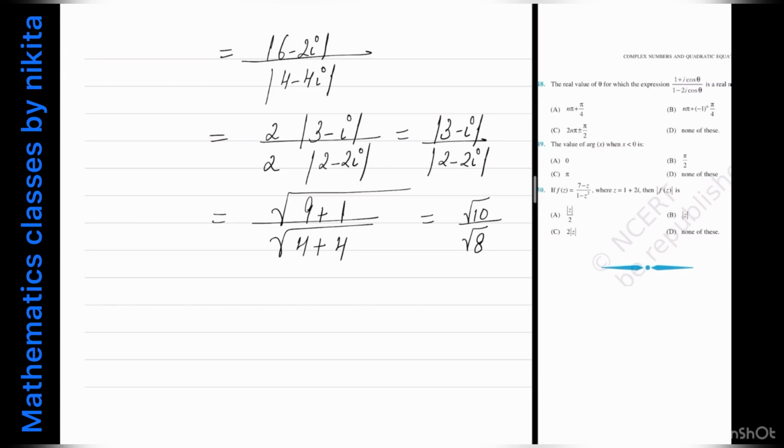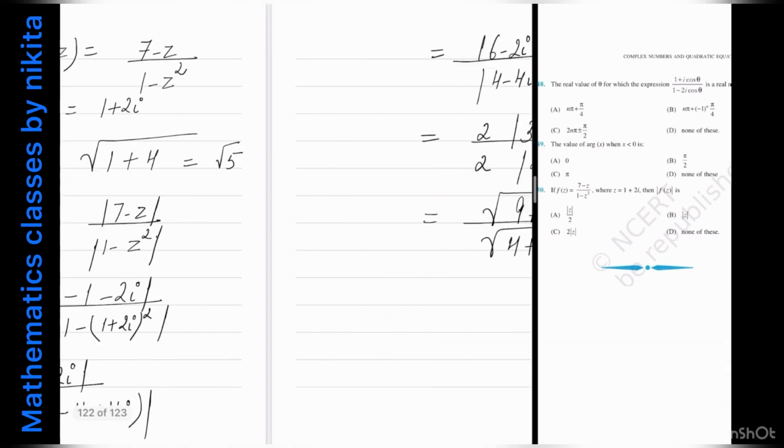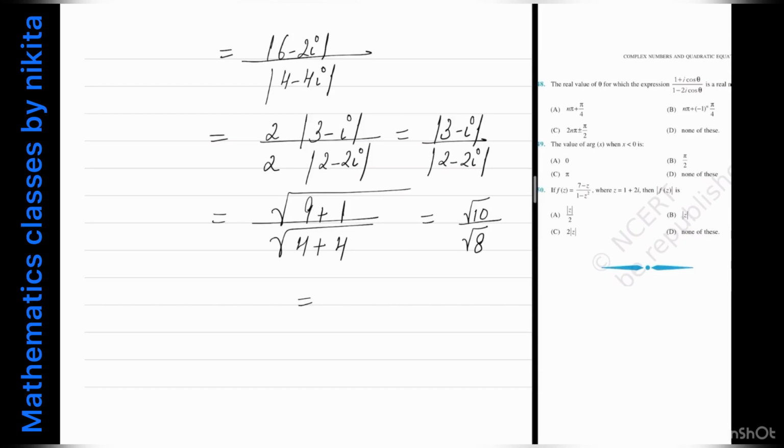ठीक है. Now अब आपको कुछ दिख रहा होगा that mod of z was root 5. Now this thing can be written as, this is root 2 into root 5 divided by, now 8, root 8 can be written as 2 into root 2, okay, which is equal to 1 over 2 root 5, which is equal to, root 5 was mod z, so mod z by 2.